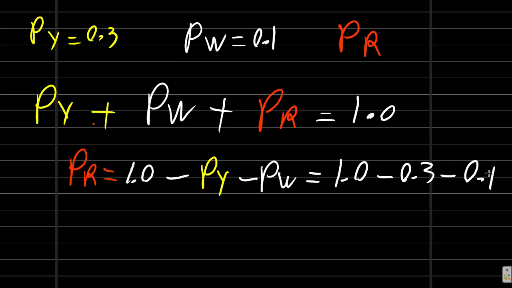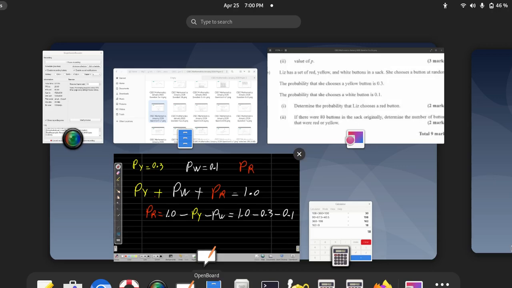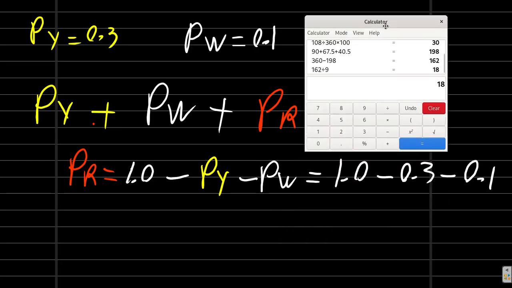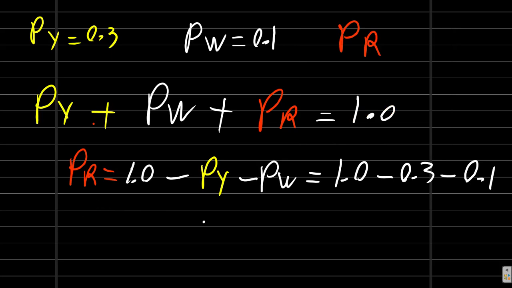Let's make this quick with a calculator. 1 minus 0.3 minus 0.1 equals 0.6. So the probability of choosing a red is 0.6. So 0.3 plus 0.1 plus 0.6 gives you 1, which is the same thing as saying 100%.